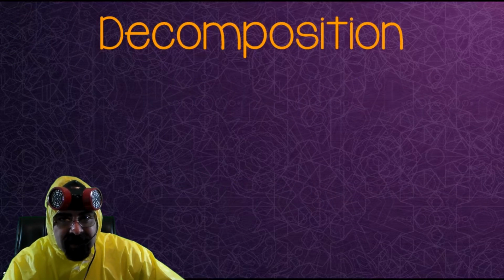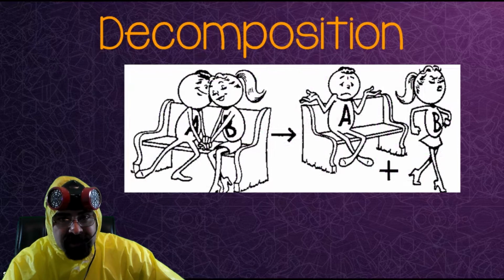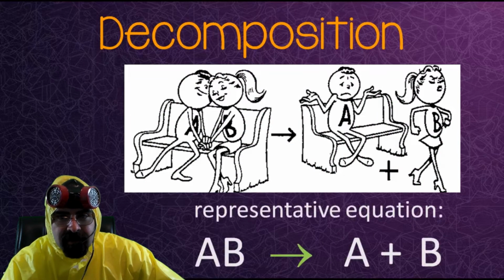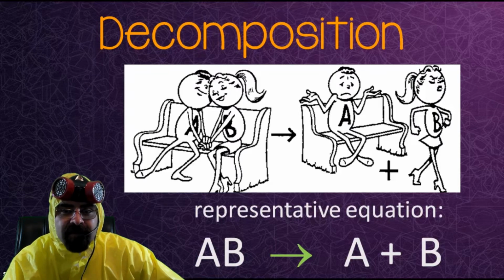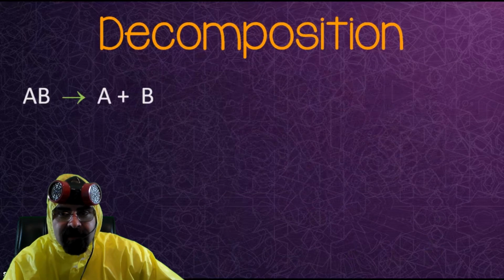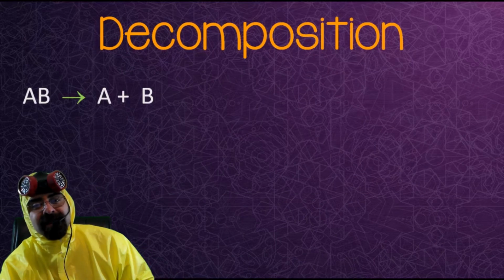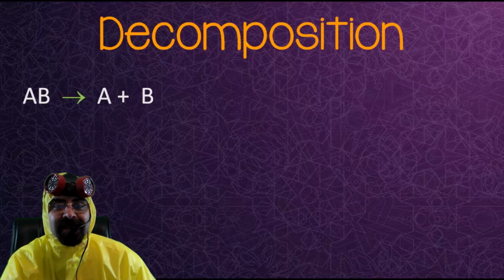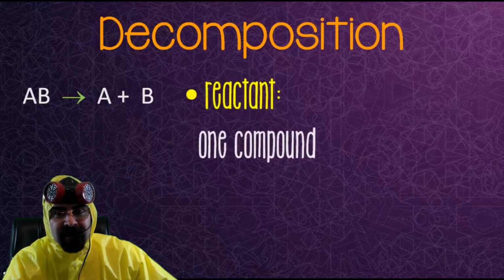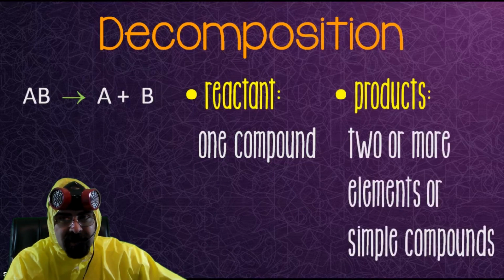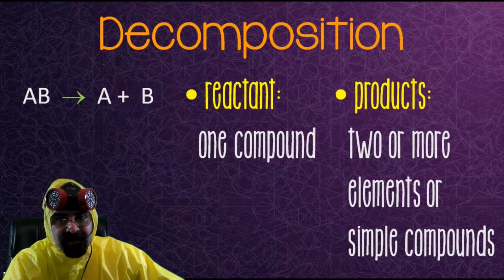This is now that couple splitting up. You start with AB and end with A plus B. So this time, it's just the opposite of a synthesis reaction. Your reactant is one compound. Your product can be two or more elements or simple compounds or combinations of those.